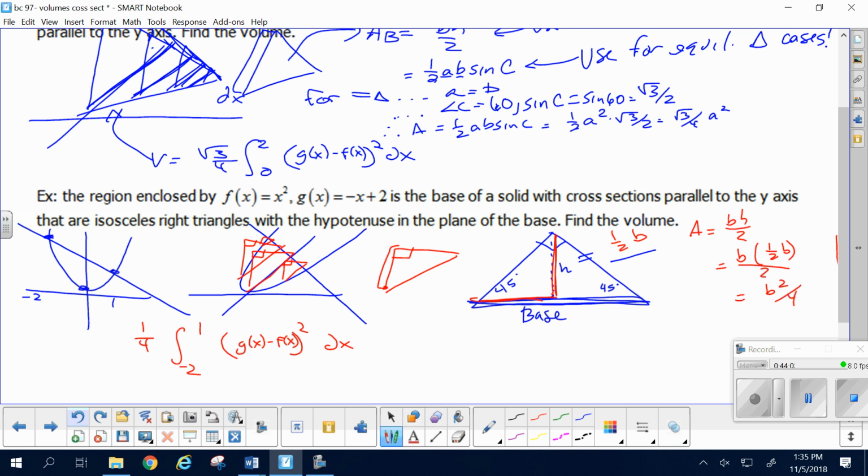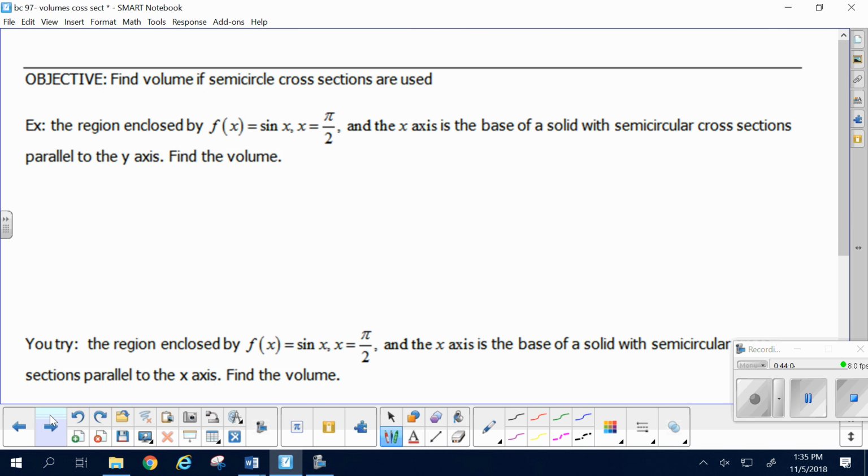Okay, last but not least, let's go semicircles. These are my favorite. Imagine the sine curve up until it maxes out at pi over 2. Students actually find this the second easiest one for finding squares.